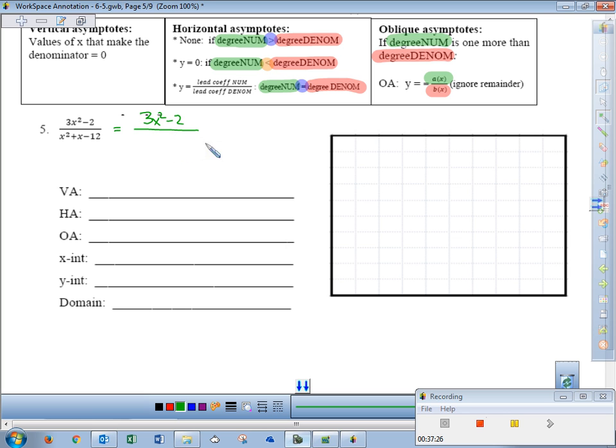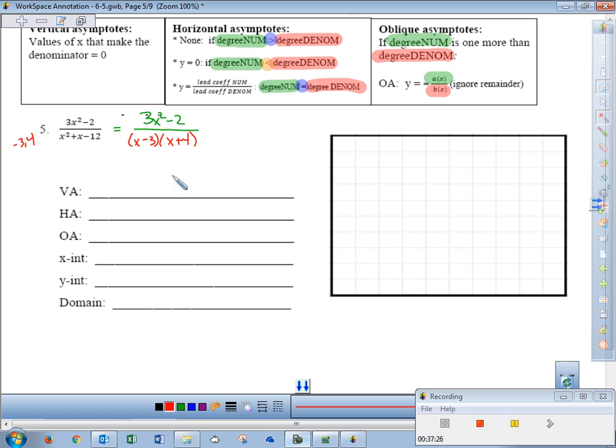Good deal? Denominator, very possibly can factor. There's x squared and x to the first. Please try to factor the denominator. Two numbers that multiply together to be negative 12 and add together to be 1. That would be negative 3 and 4, right? So x minus 3 times x plus 4.